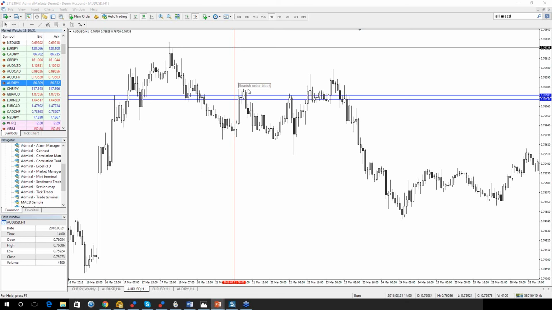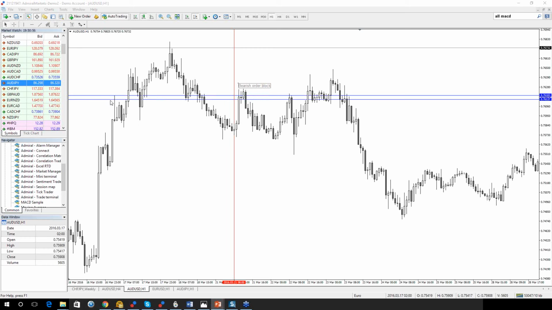A bullish order block is the high of a bearish candle prior to a move up. A bearish order block is the low of a bullish candle prior to a move down. So in this case, this was a bullish order block here.